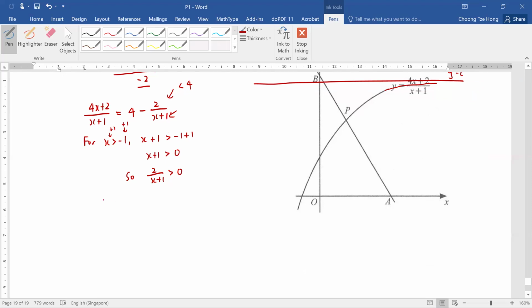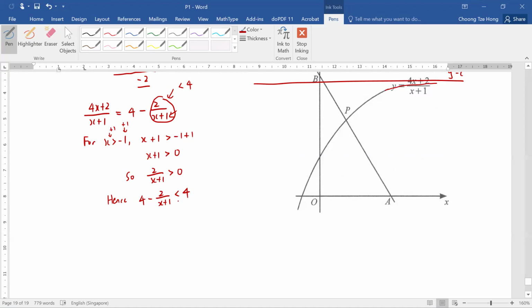Now think about this part carefully. We have already shown that 2 over (x + 1) is positive, so we have 4 minus a positive number. What will happen to it? It will be less than 4. You are taking 4 minus a positive number, so the result is definitely less than 4.